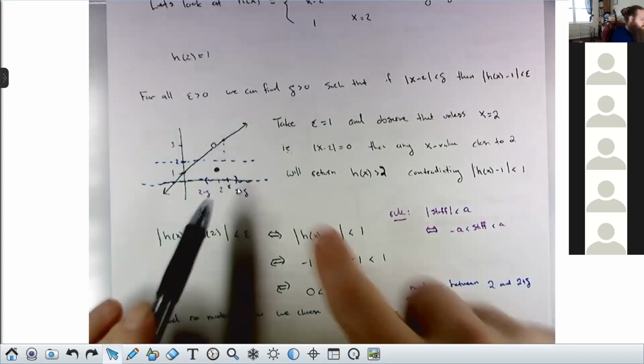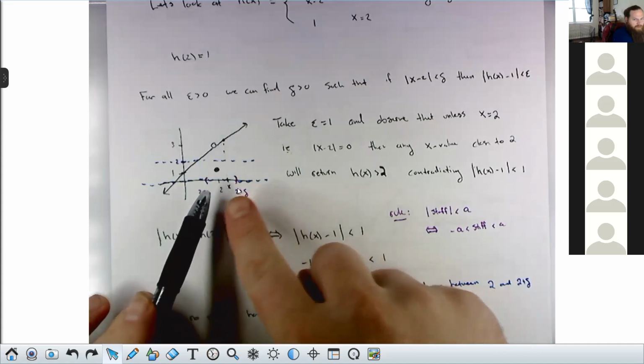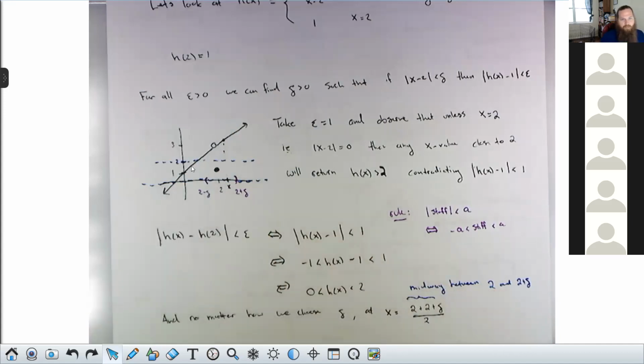There's no amount that I can shrink these purple things in to keep the graph inside the blue window. So no matter how tight I try to shrink in here, there will be portions of the graph out here which are outside of this blue window. And this blue window is the window from 0 to 2. This little dashed blue line down here is y equals 0. This little dashed blue line up here is the line y equals 2.